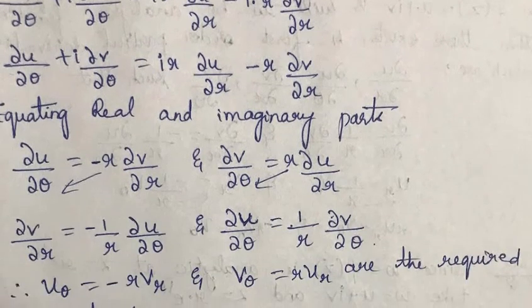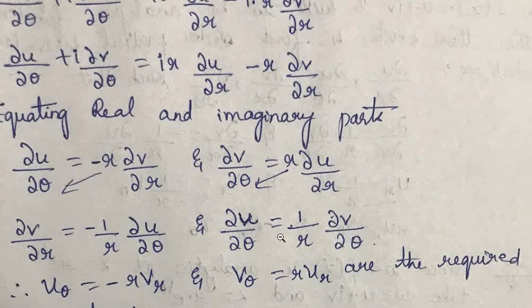Okay. Next, what can we do here? If you want in terms of dou v by dou r, minus r can be shifted downwards, right? So that will become minus 1 by r dou u by dou theta, and dou u by dou theta is equal to, again shifting same thing, 1 by r into what we will get?